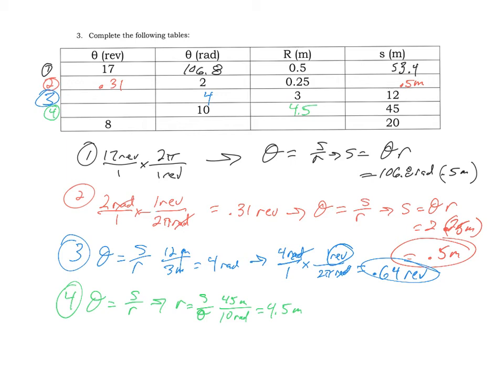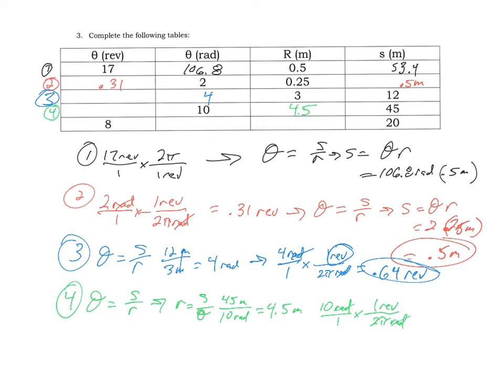And now I need revolutions. So I have 10 radians, and 1 revolution is 2 pi radians.